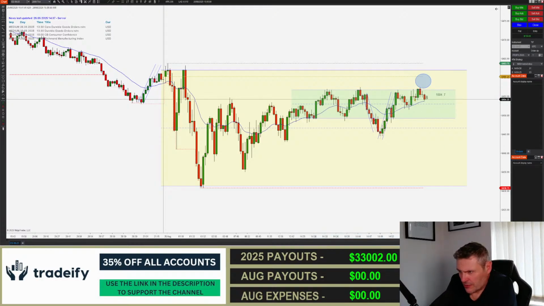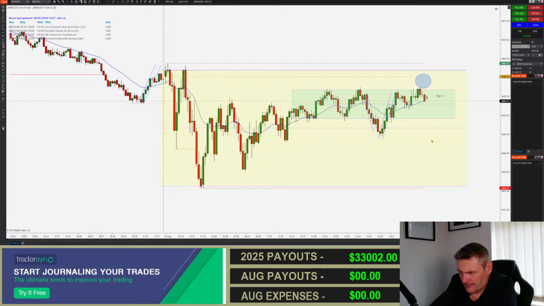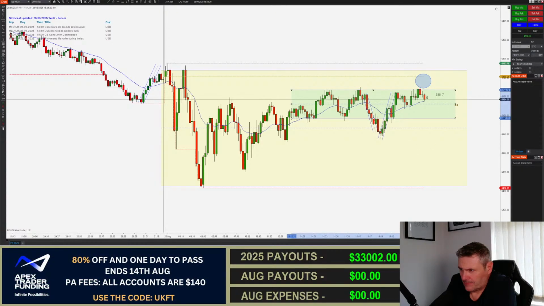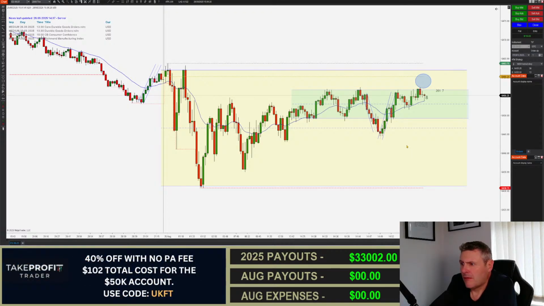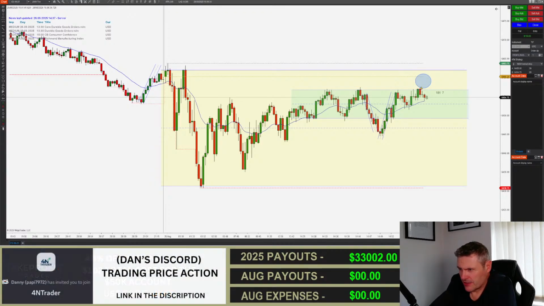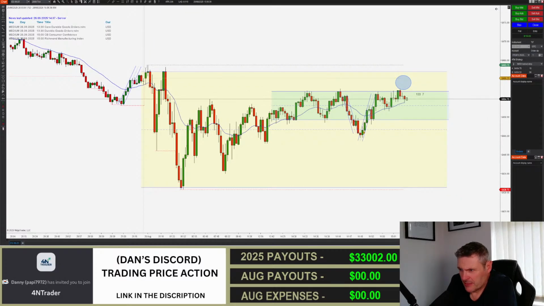Now we've had 1, 2, 3 attempts. It may not. I still wouldn't consider a short here just at the moment, just because of this breakout.